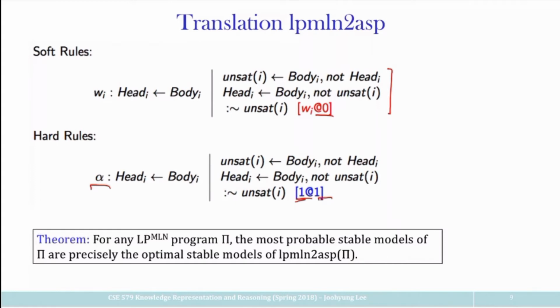Yes. So when we have more levels in the soft rules, let's say 0, 1, and 2, then we assign level 4 to hard rules? No. That's an interesting question. As far as LPMLN semantics is concerned, we need only 2 levels, because by definition, the weights are all real numbers in the same level, level 0.